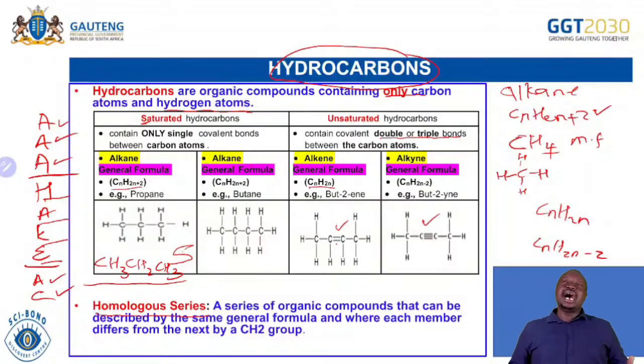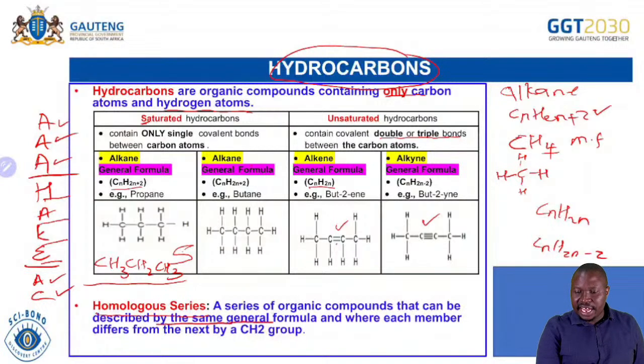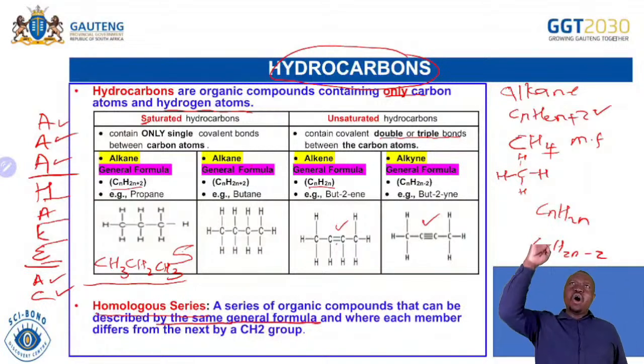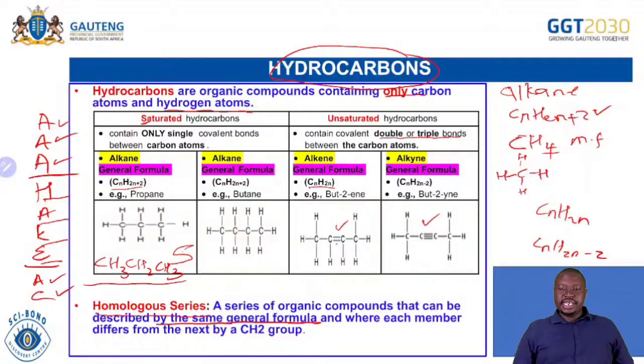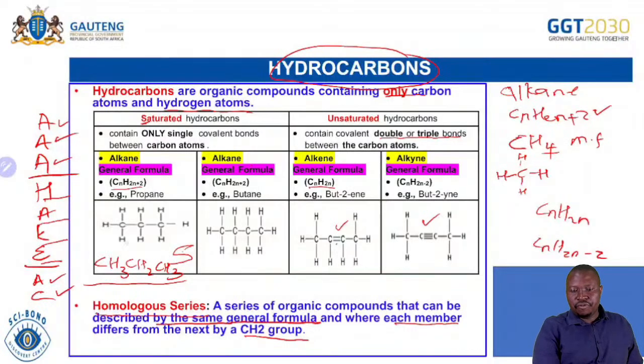Now the question is, what are homologous series? We're saying homologous series are a series of organic compounds that can be described by the same general formula. It means all alkanes have the same general formula. And then as we take the definition further, we say each member differs from the next by a CH2 group. For example, if you move from propane to butane, as I've given you in this example, you will see that the difference is a CH2.